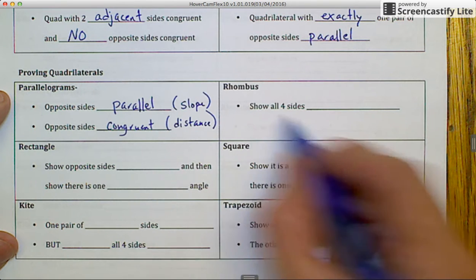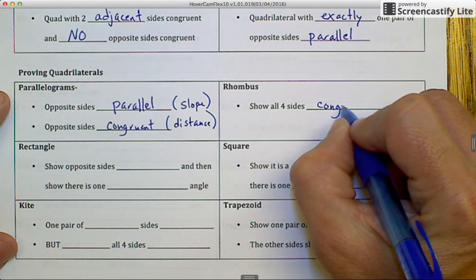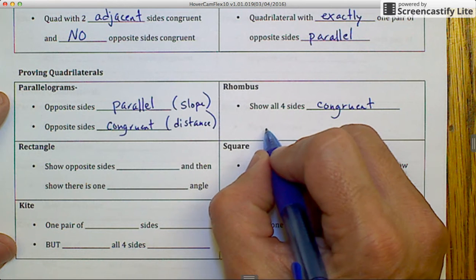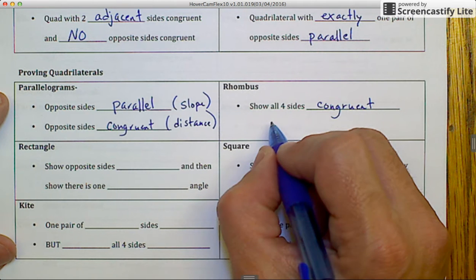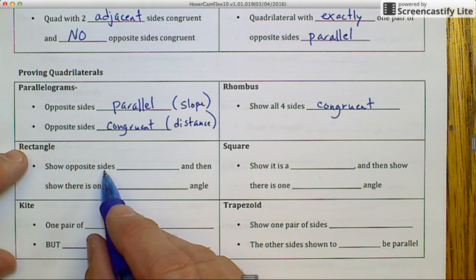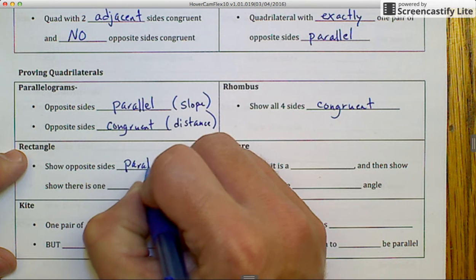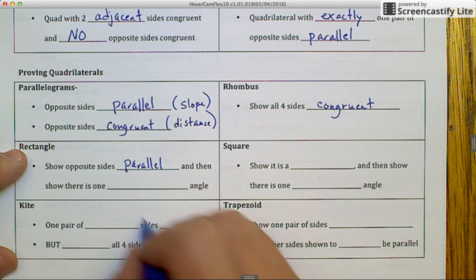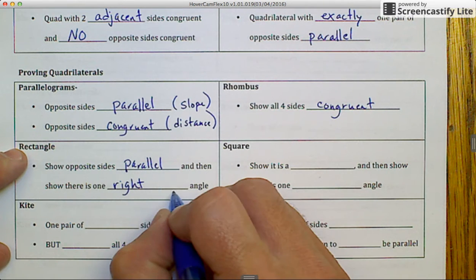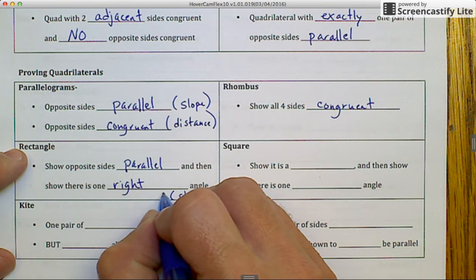For a rhombus, you're going to show that all 4 sides are congruent. You could also show that opposite sides are parallel. Okay? For a rectangle, you're going to show that opposite sides are parallel, and then show there is one right angle. And the way you're going to do that is with slopes. Remember, perpendicular slope.